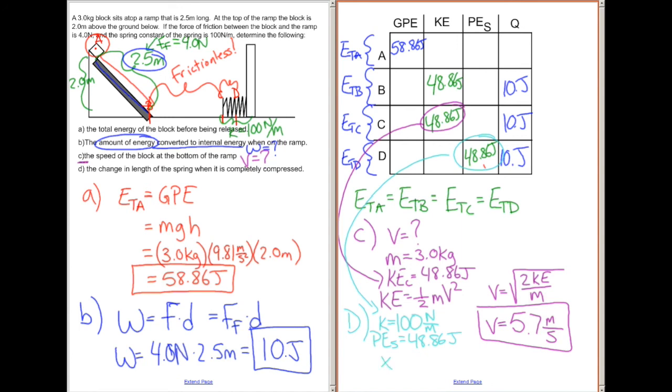And again, my x is my unknown. So rearranging to solve for x and substituting in my values, I come up with an x of 0.99 meters. I think this table strategy is pretty helpful when thinking about conversions of energy.